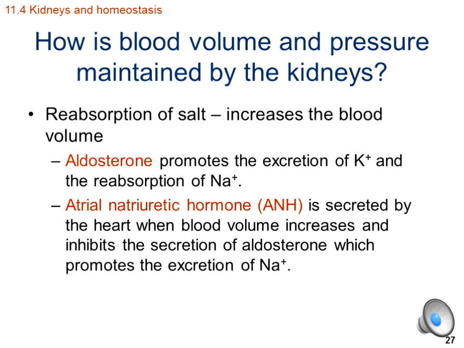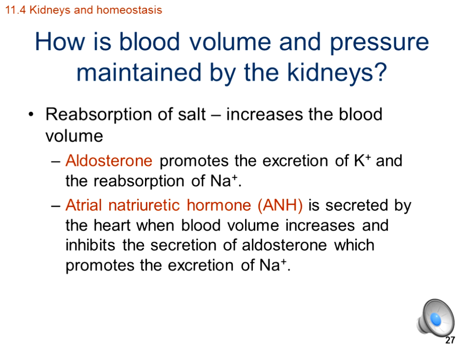If the blood pressure is too low, that could be an indication that the volume is too low. So we want aldosterone to save more sodium ions, and water follows salt. The more sodium ions you reabsorb, the more water you reabsorb. The more water you put back into circulation, the higher your blood volume, and the higher your blood volume, the higher your blood pressure.